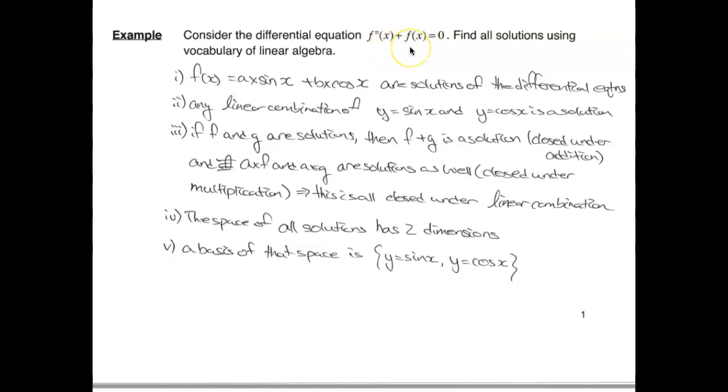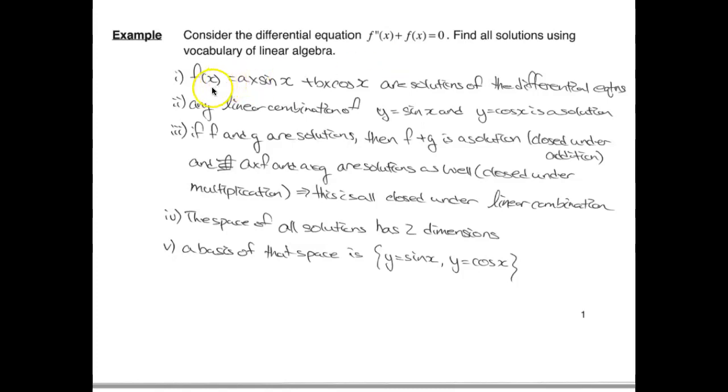So this is quite interesting. What happens is we can take sine x as kind of one vector and think of cosine x as another vector. And then with these two vectors, we can combine them in all the ways possible, and it'll give us all the solutions to this general differential equation. So we will use vocabulary for linear algebra to express these kind of things.